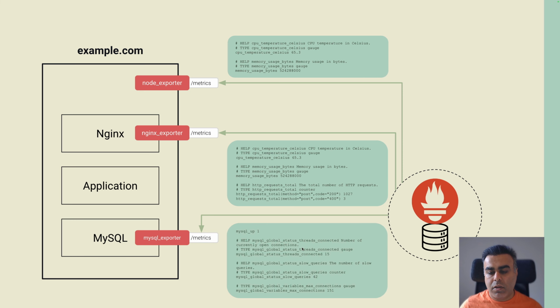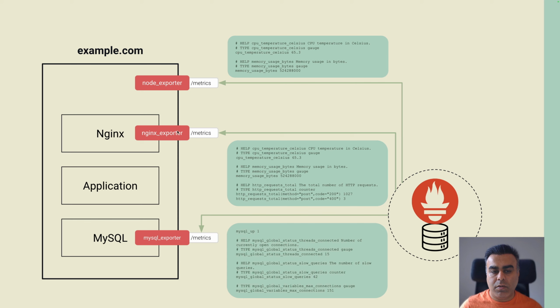And because there is not enough room here, I just provided an abstraction of the metrics that the MySQL exporter can provide, like the max connection, number of slow queries. All of these are available. So here we can see that Prometheus can help us to collect the information and metrics from the target, and also provide us the proper exporter.